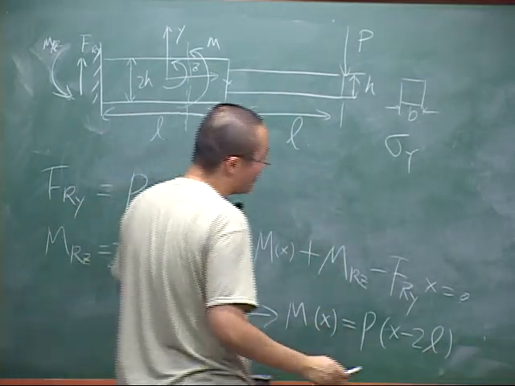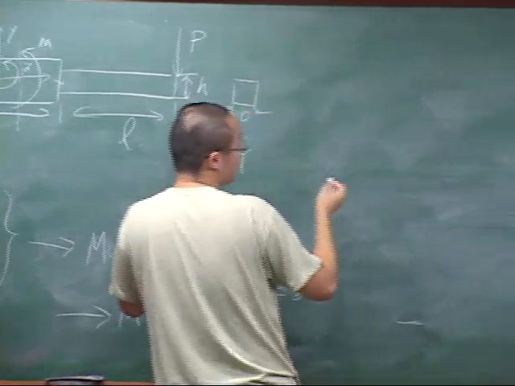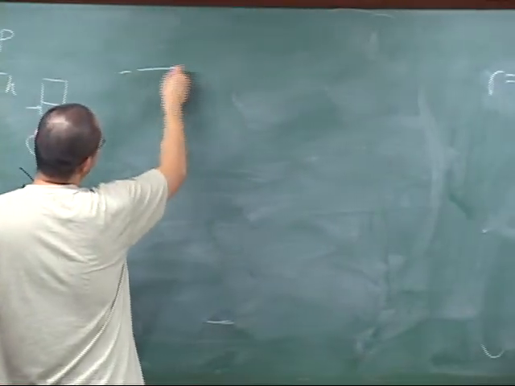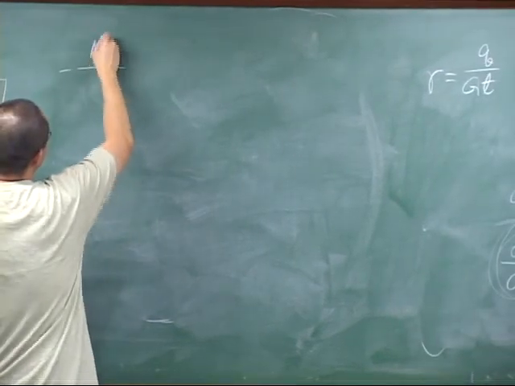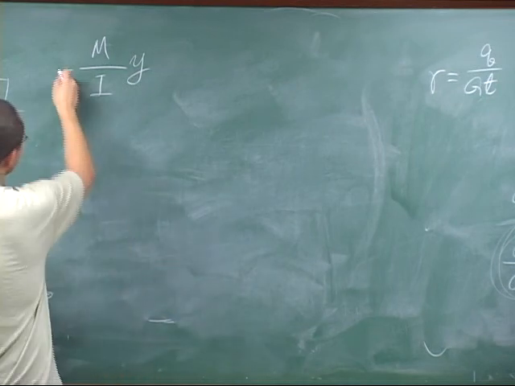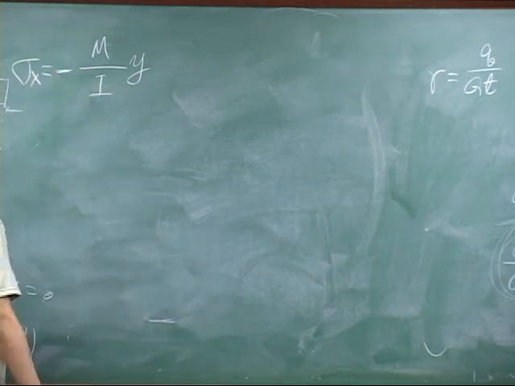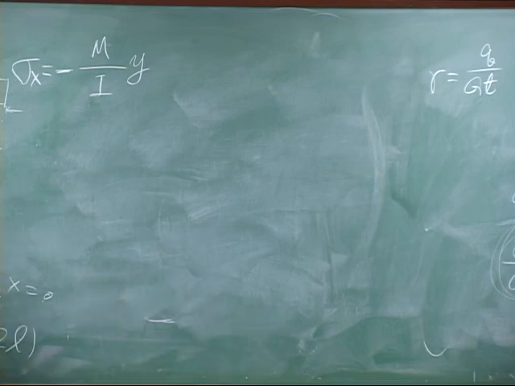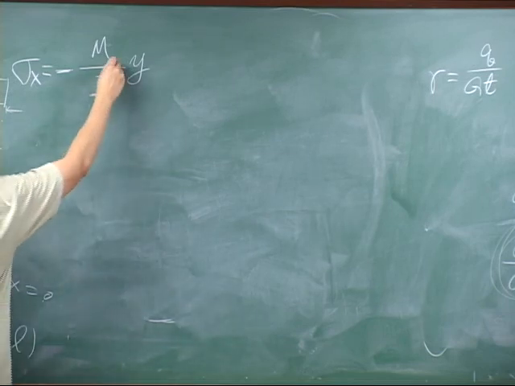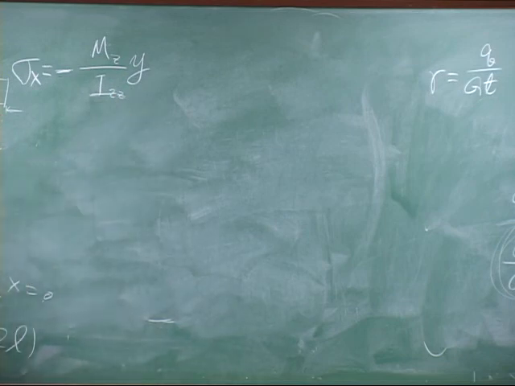To have the maximum possible bending stress generated by bending, usually we use M over I times Y. This is the formula for sigma X. But we have different IZZ here and different IZZ here.